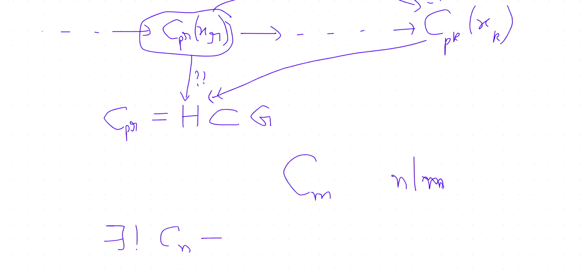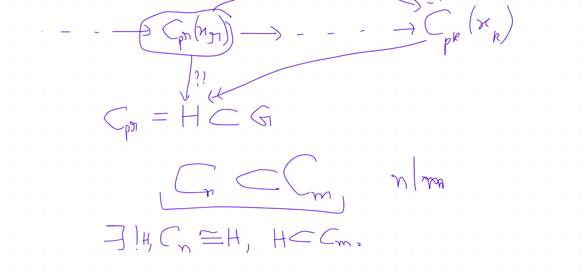There is a unique H such that H is isomorphic to Cn, and H is inside this Cm. So why is it unique? Yeah, that's what we used here. That's a fact which you know. You take the generator, and they will all appear in the same thing. Okay, cool.